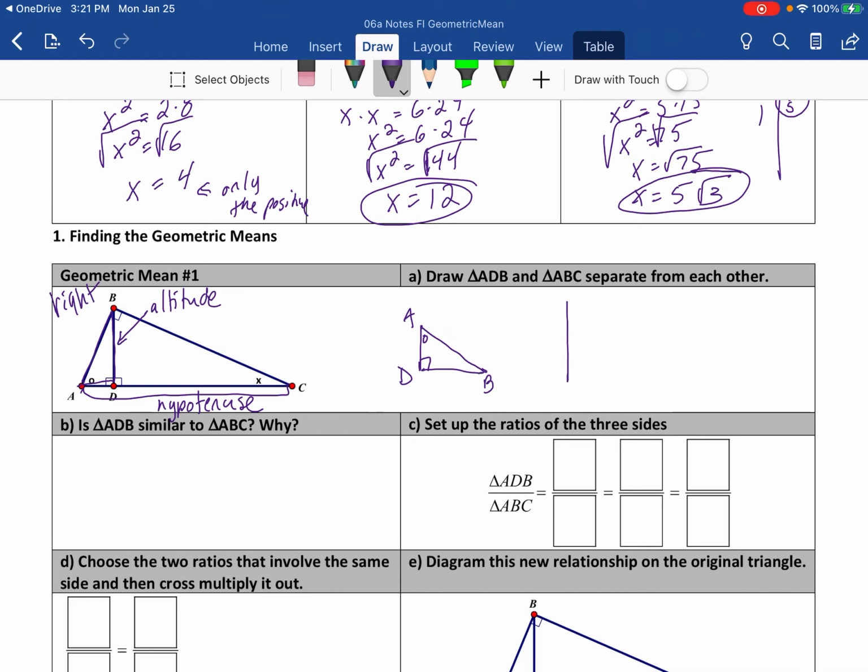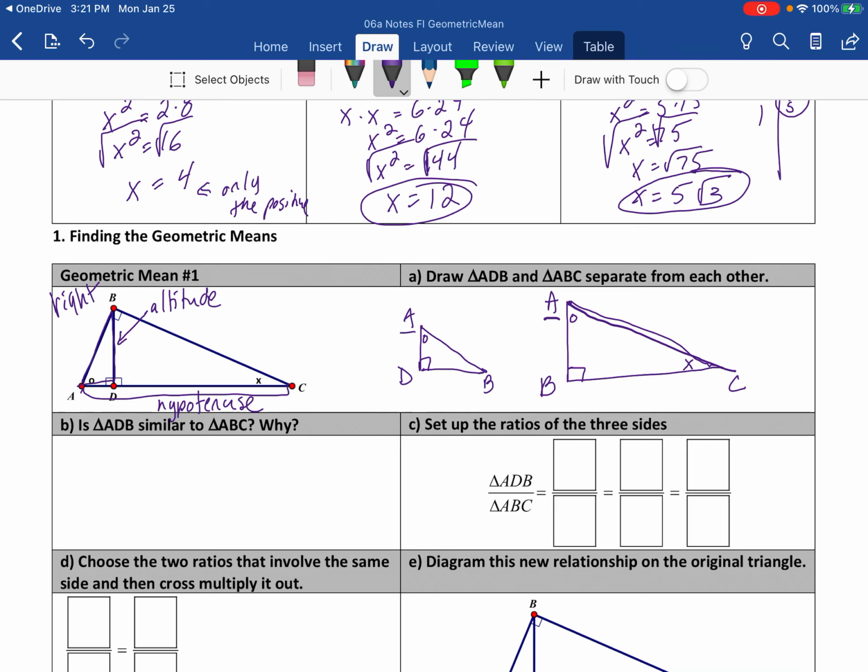And my other triangle is ABC. I like to draw them so they're the same, even if it doesn't even look like a triangle sometimes. And this would be A. And so do you see that the angles that are congruent, I put them in the same position? B, and C has a little X next to it.